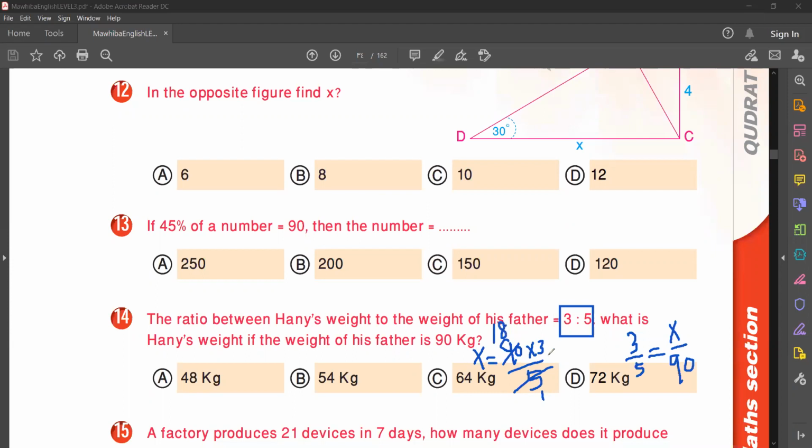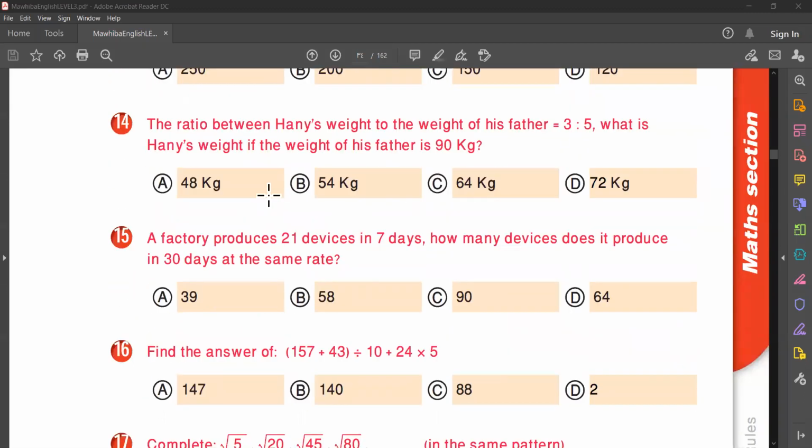Now 18 times 3, it is 54. So the answer is 54. Sorry, number B. Okay, is it clear? My student, is it clear?